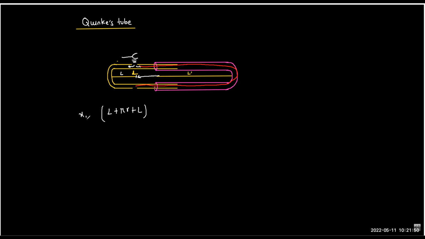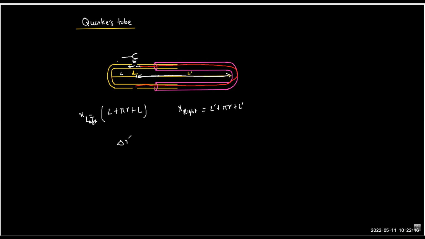You can say x left, and the right will travel L dash plus pi r plus L dash. I'm taking L dash from the opening itself. So nothing so easy, na?